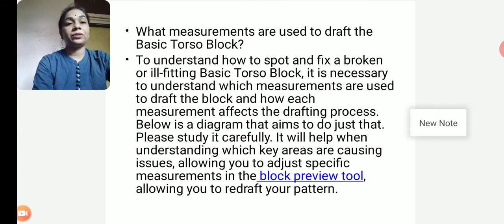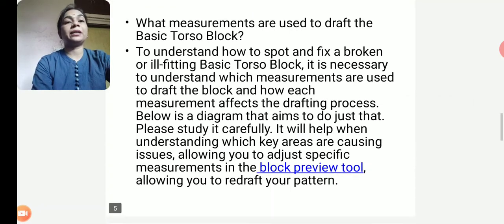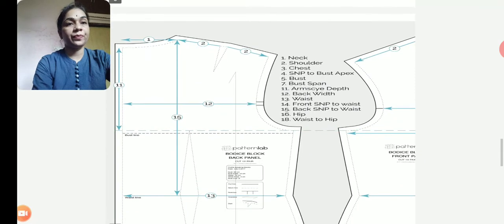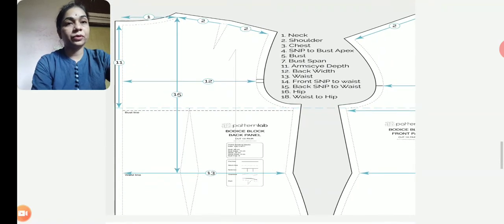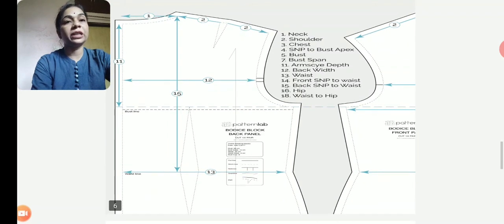It will help us understand which key areas are causing issues, allowing you to adjust specific measurements in the block and redraft the pattern. Here is the pattern and the basic measurements we require to make the bodice block.